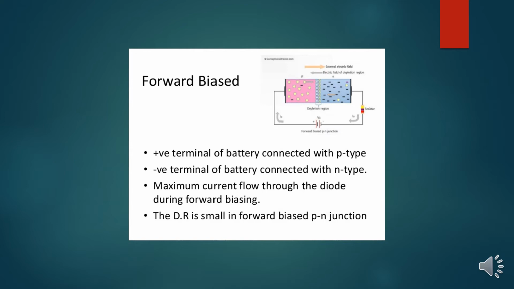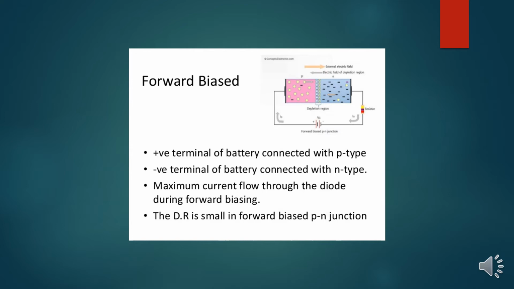In no bias condition, when we connect the external voltage source like this, the positive VCC is connected to the P type and the negative terminal of the power supply is connected to N type. This is called forward biased condition. Positive terminal of battery connected with P type, negative terminal of battery connected with N type.